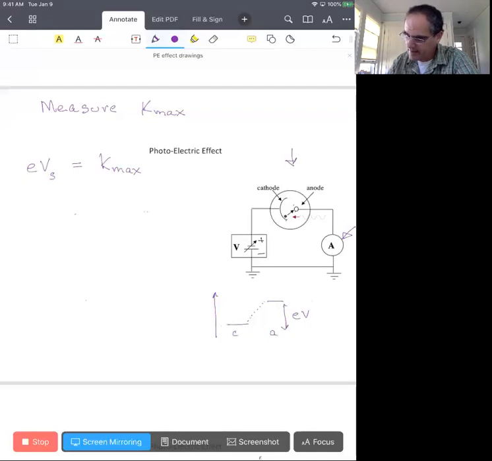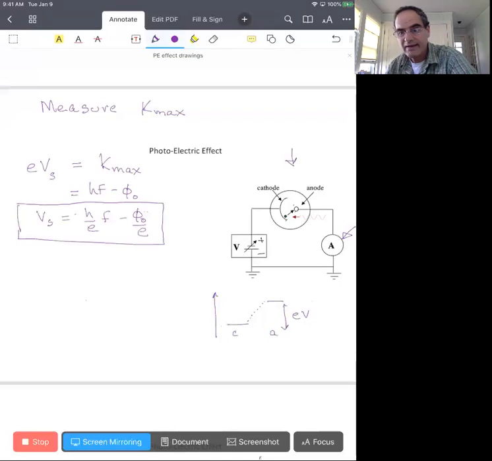Okay? But we know already from energy conservation that K max is just hf minus the work function. And so that means that there's a relationship between the stopping voltage and the frequency and the work function. There we are. Okay.